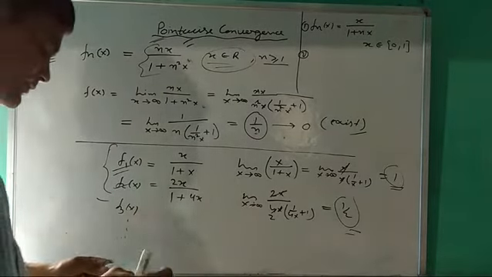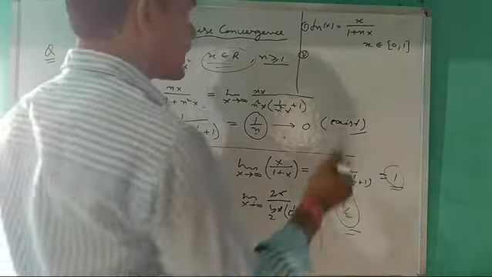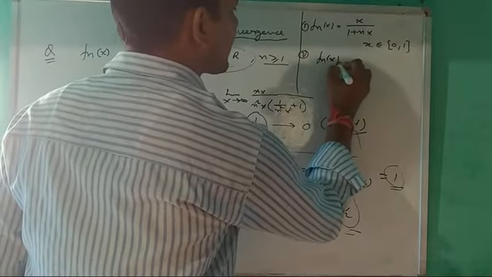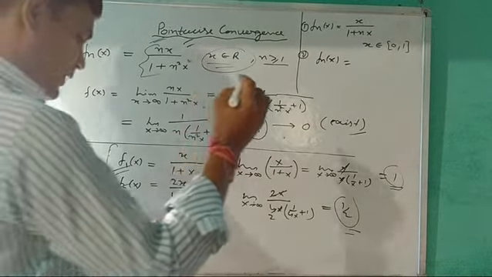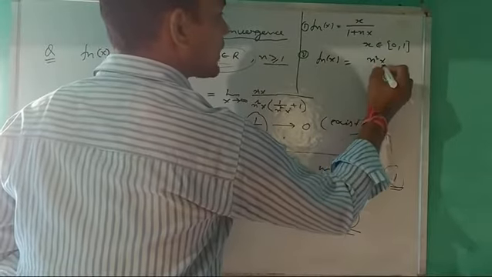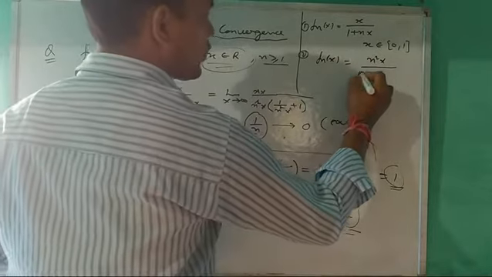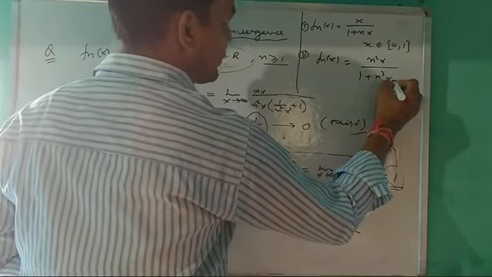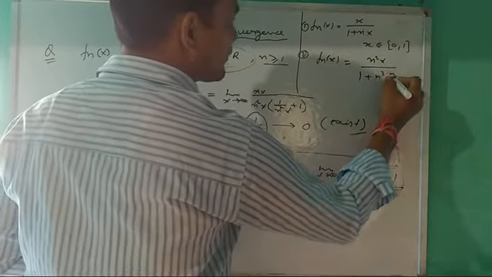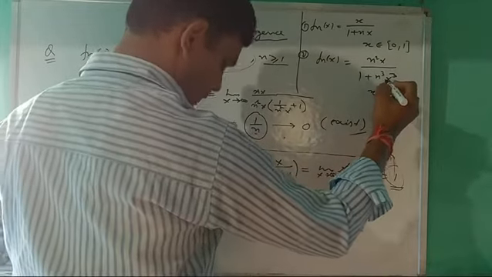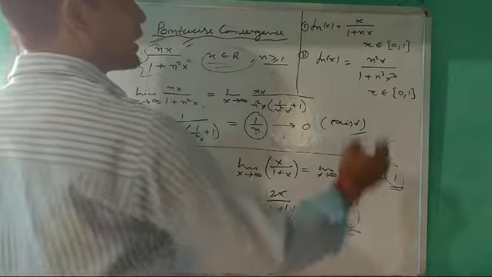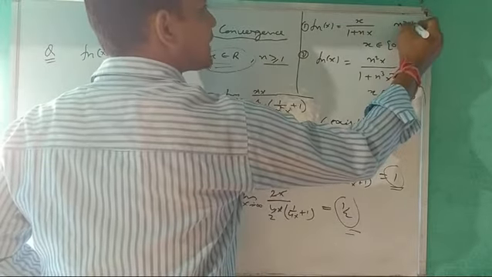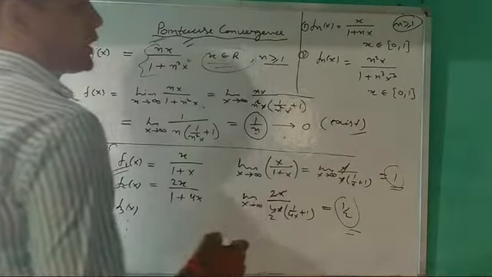Second example is f_n(x) equal to n square x upon 1 plus n cube x cube, x belongs to the closed interval 0 and 1, and in both cases n is greater than or equal to 1.